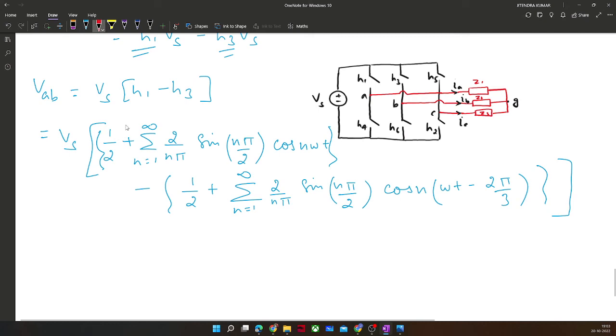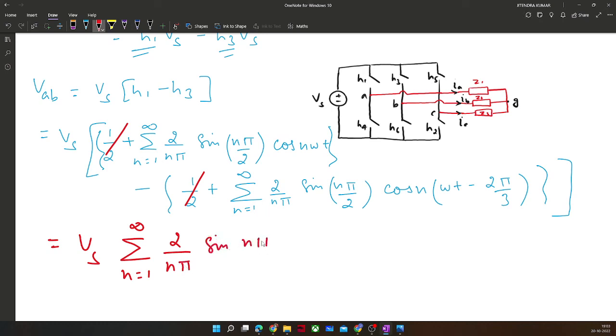Again, we can cancel the DC and DC component. So what we will be left with is Vs times the summation from n equal to 1 to infinity of 2 by n pi sine n pi by 2. This much is common.